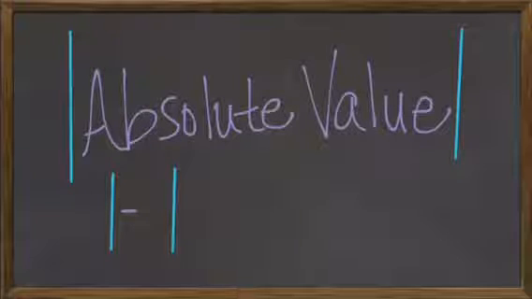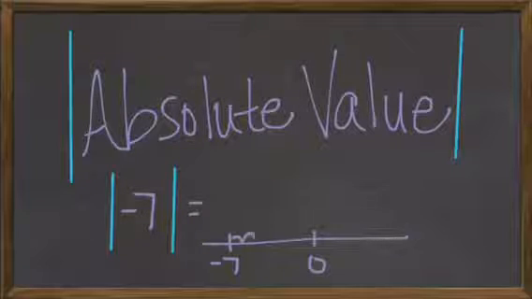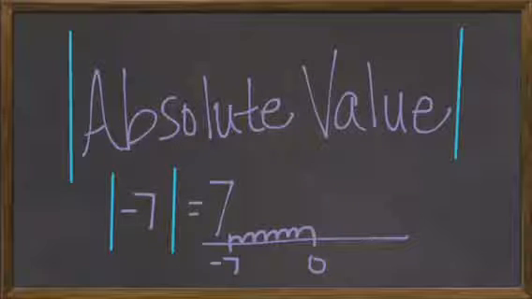So the absolute value of -7 is its distance from zero, which, if we picture a number line, -7 is 7 units from 0.